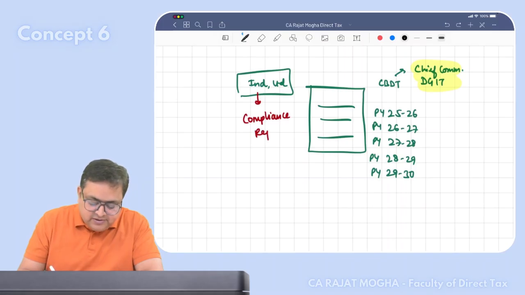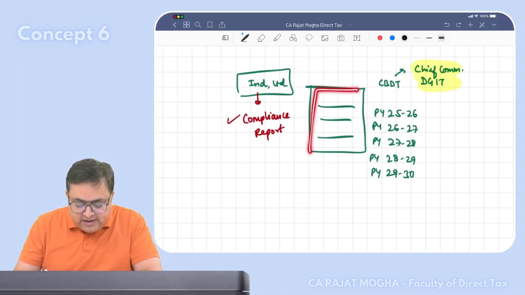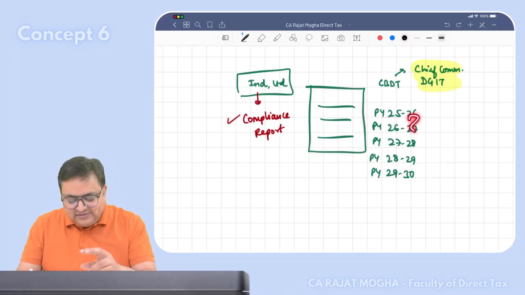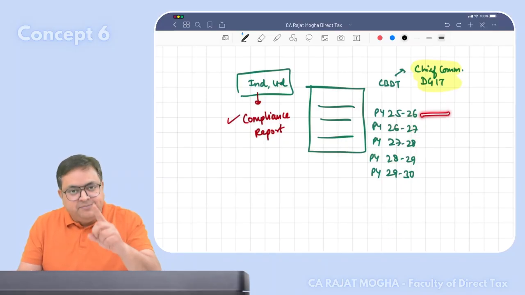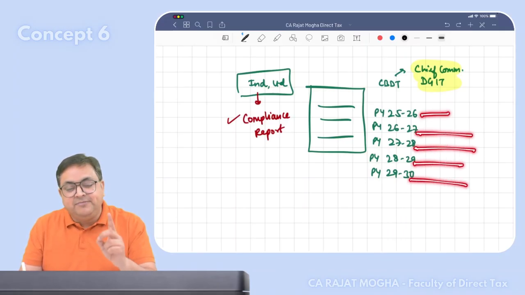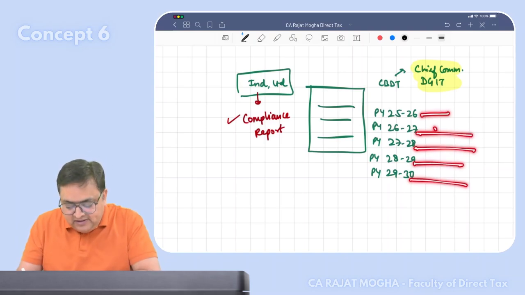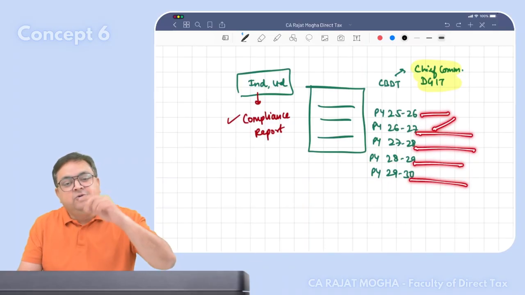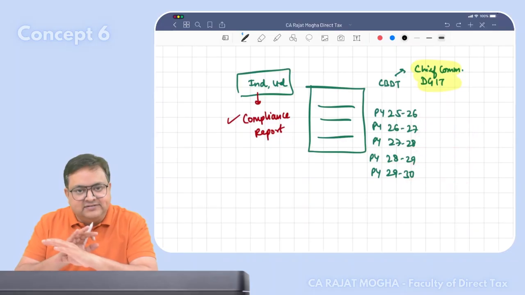Every year, you have to furnish a report that, sir, I have entered into an APA for these 5 years, and in this year, a separate compliance report for this year, and a separate compliance report for all these 4 or 5 years, that, sir, in this year also, I have entered into a very similar transaction. Whatever I have said to you, the same transaction. The facts have not changed.